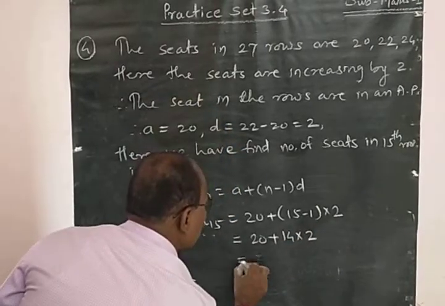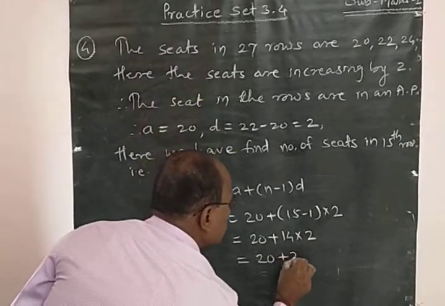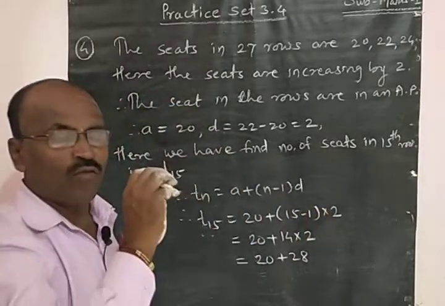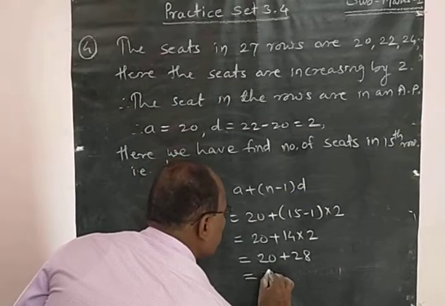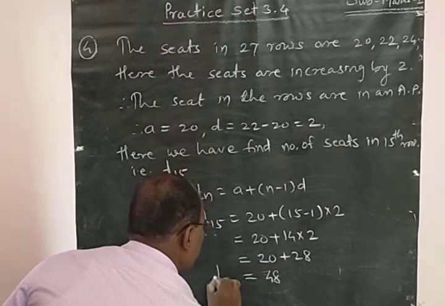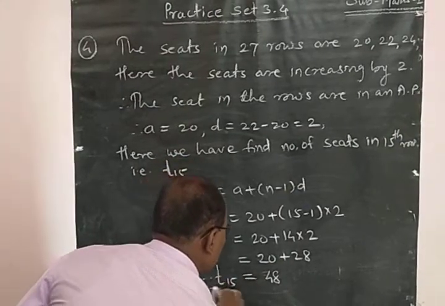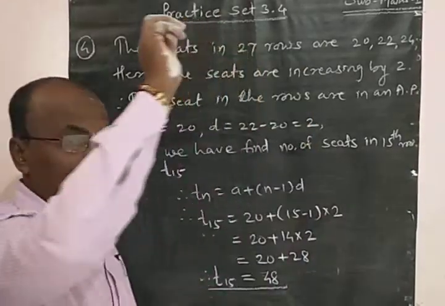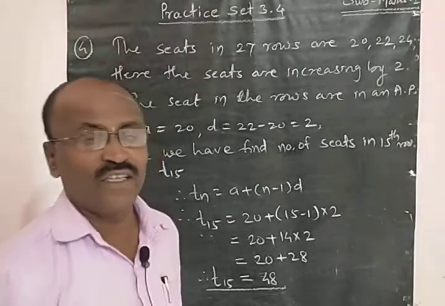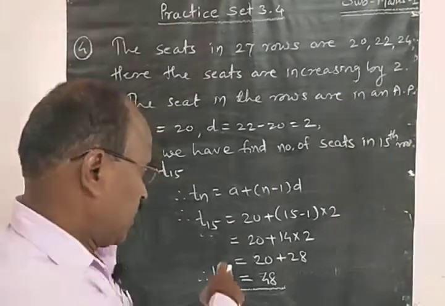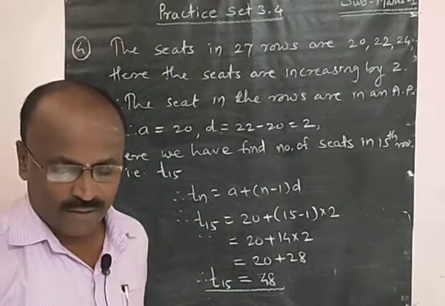That is equal to 20 plus 14 into 2, 28, that is 20 plus 28, that is equal to 48. T15 is 48. That means the total seats in the 15th row is 48.